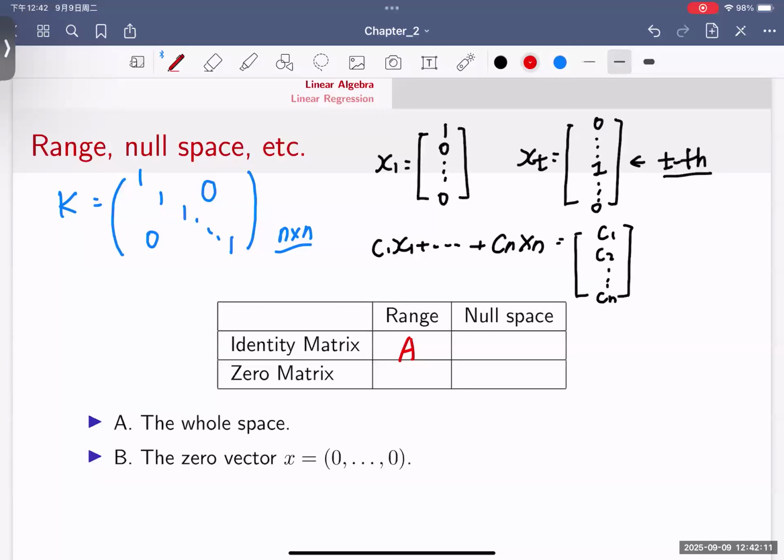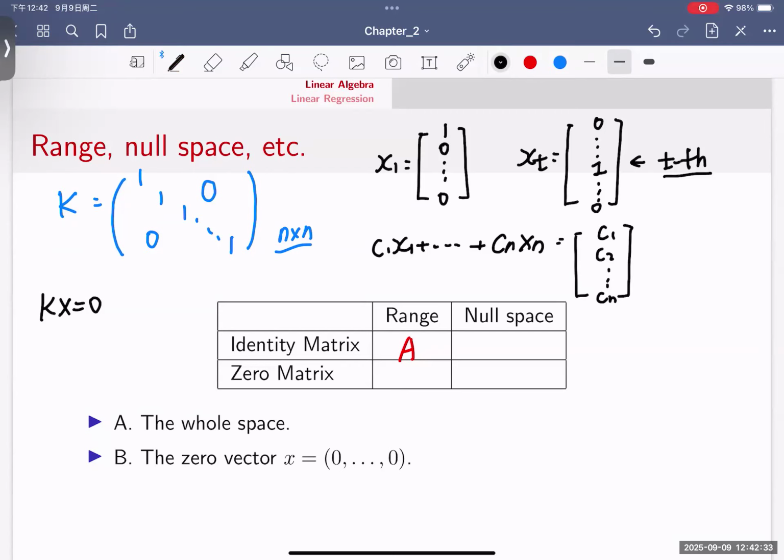And the null space for this matrix stands for the x that makes Kx equal to 0. But because this is the identity matrix, any identity matrix times a vector is still x.